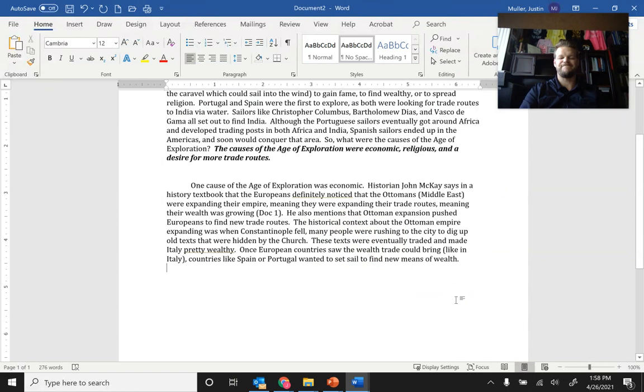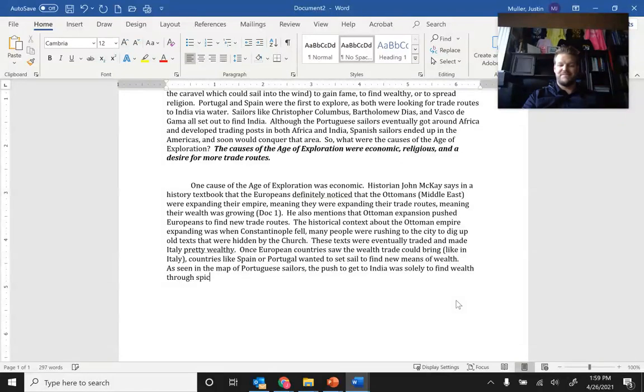Meaning I would say, as seen in the map of Portuguese sailors, the push to get to India was solely to find wealth through spices.